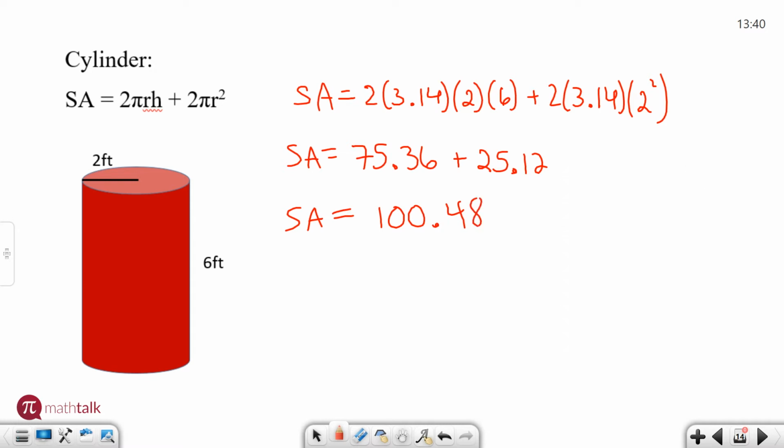Again, we want to make sure our units are correct, so we're going to use feet squared because it's area. So the surface area, or basically the area of the outside of this cylinder, is just over 100 square feet, 100.48. So let's look at one more example here.